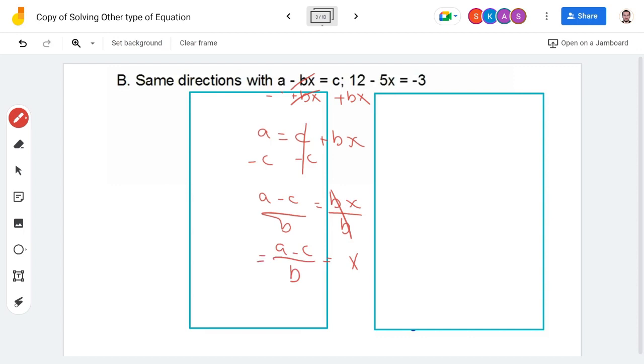So a is 12, c is negative 3, b is negative 5. Now 12 minus negative 3 gives 15 over negative 5. So the answer is negative 3.